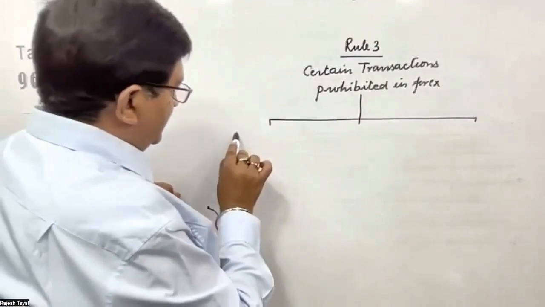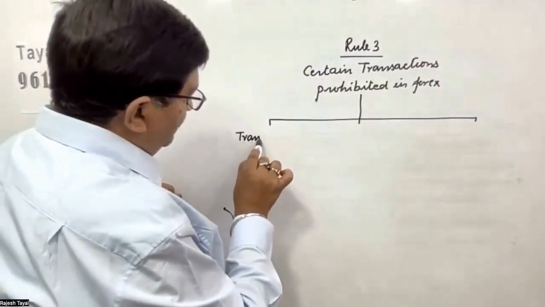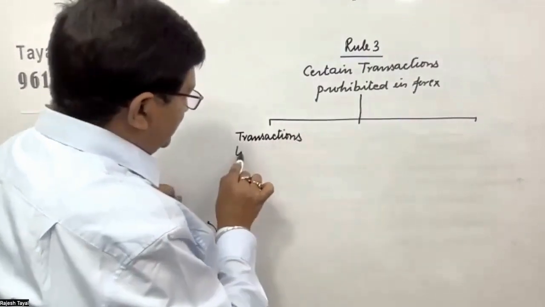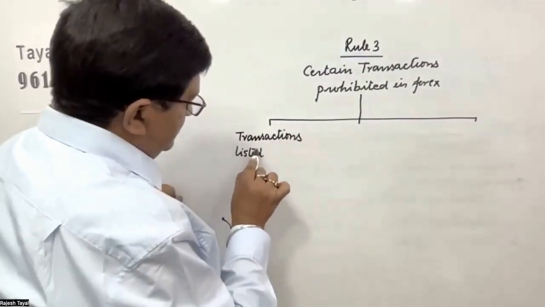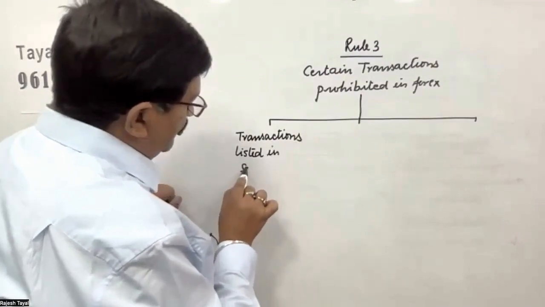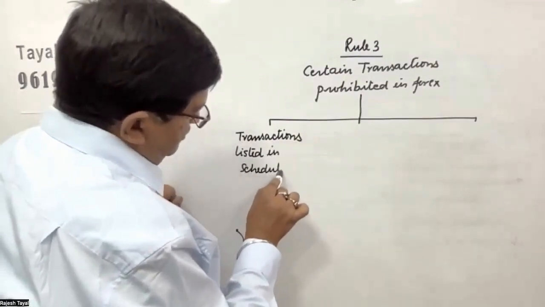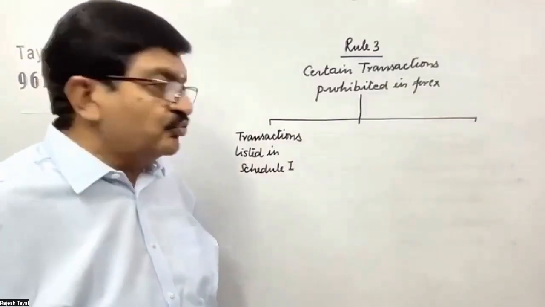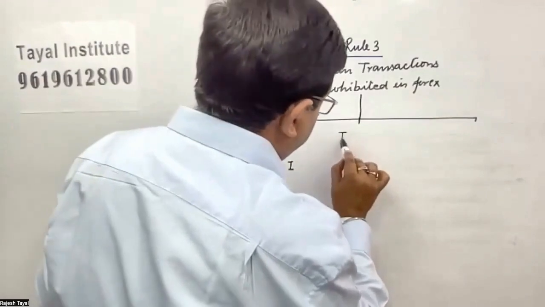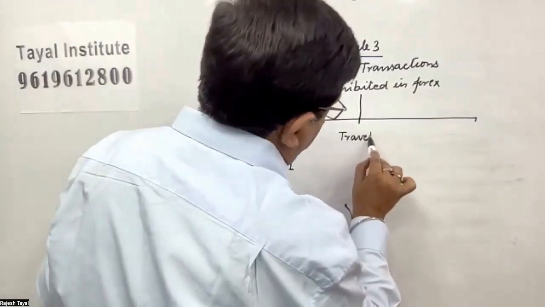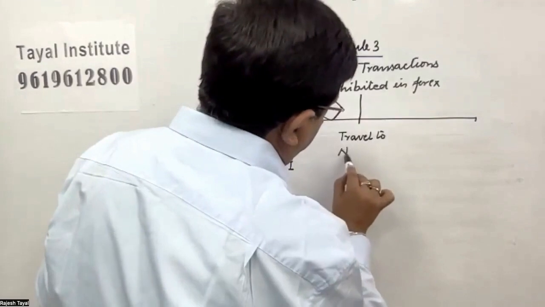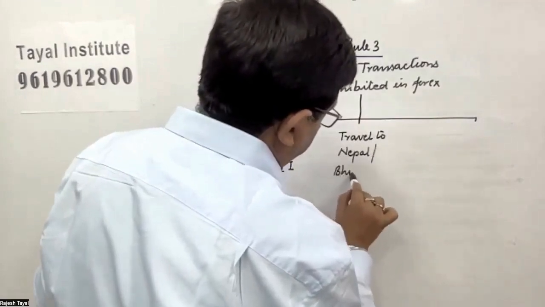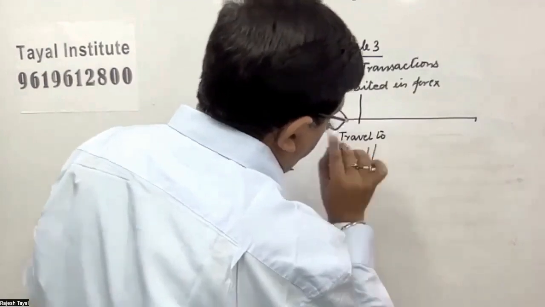Now, in this, we have clear 3 prohibitions. Number 1, transactions listed in Schedule 1. Number 2, travel to Nepal and Bhutan.